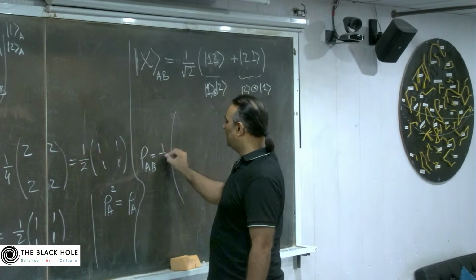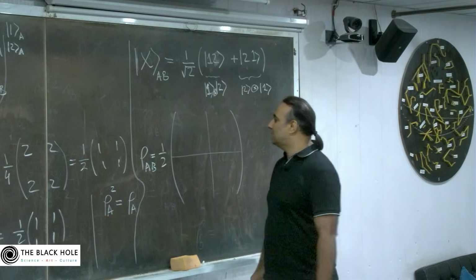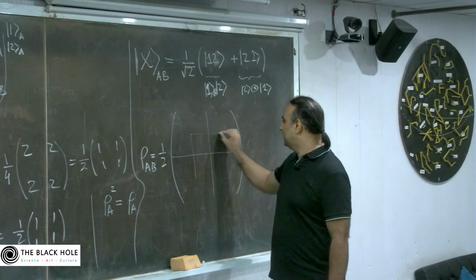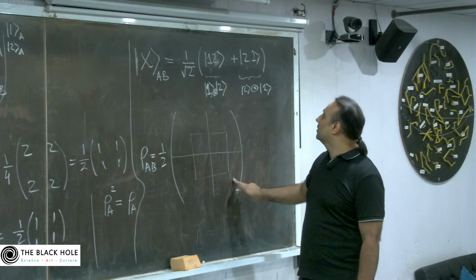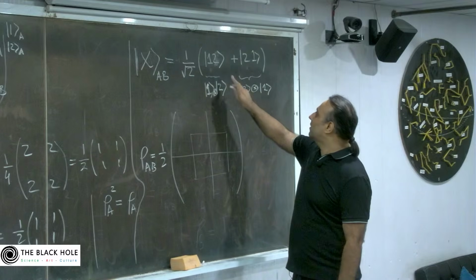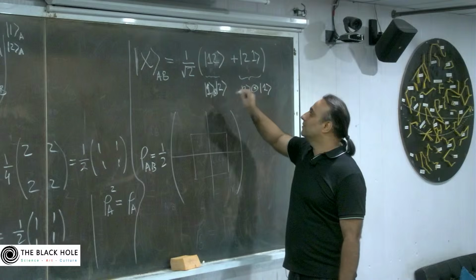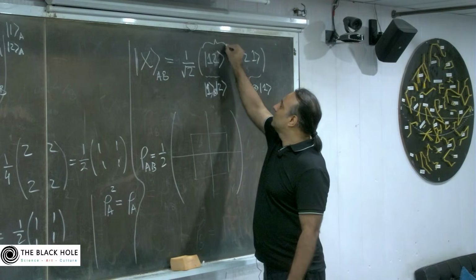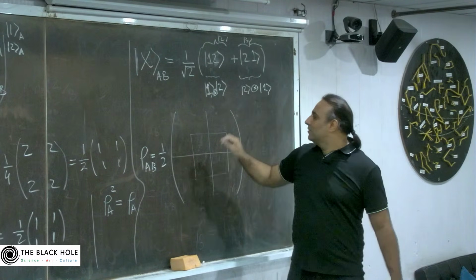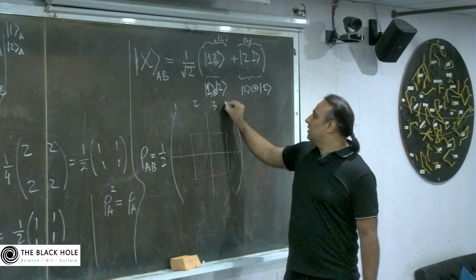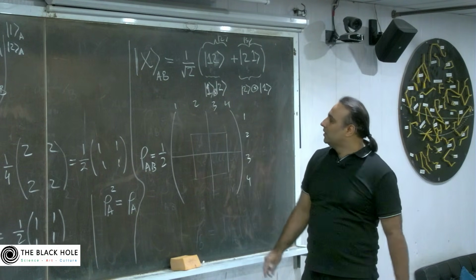It's 1 by 2, so it's 1 by 2 over here. So these are our 4 blocks, and this is 1 2 3 and 4. So these are 1 1, 1 2. These are 2 and 3, not 3 and 4. 2 and 3. Okay, so this is what we wrote as 2 3. So this is 1 2 3 4.